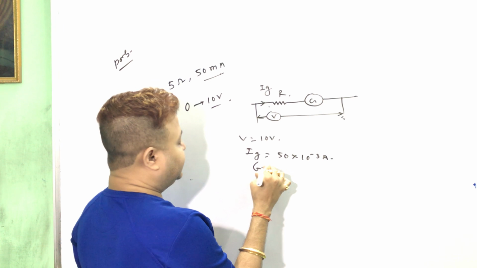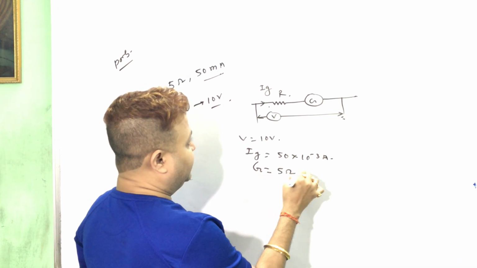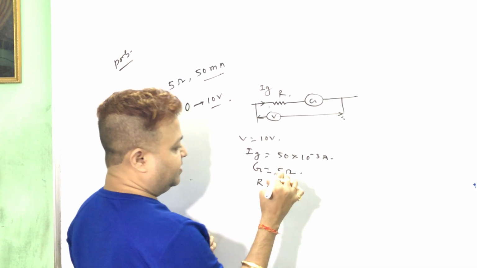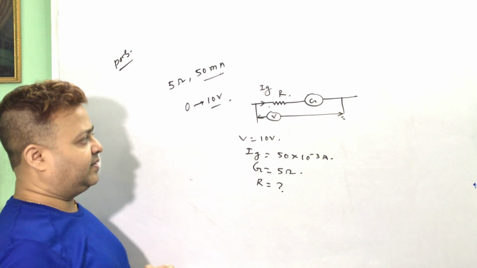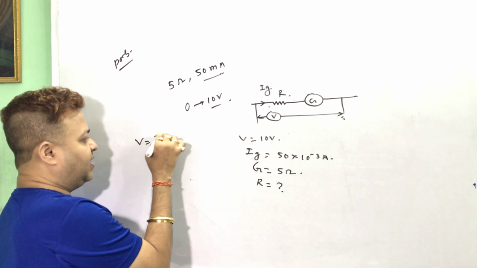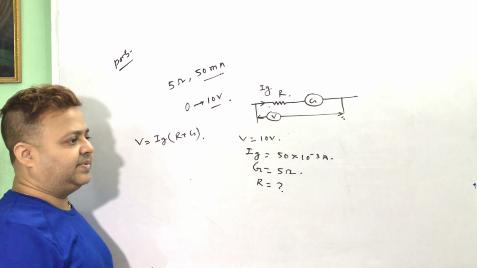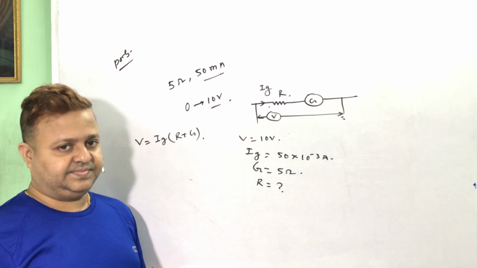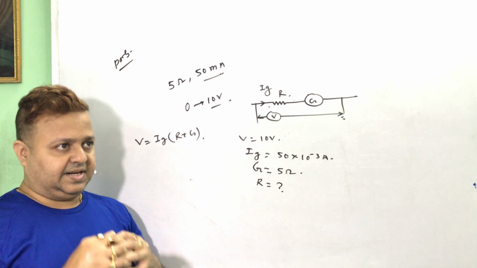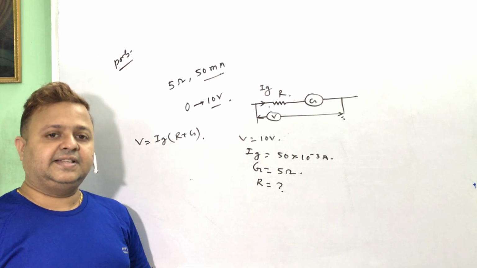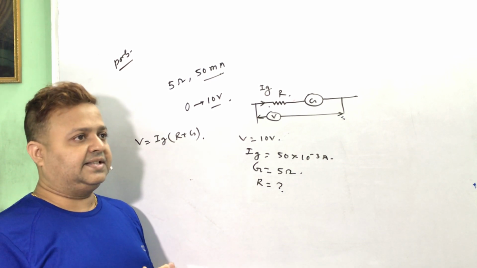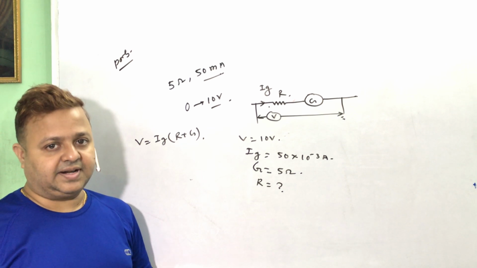The galvanometer resistance is 5 ohm. Then we can find the series resistance according to the formula V equals Ig into R plus G, and this resistance must be very high. In case of shunt resistance, this is generally less than 1, and this is generally greater than 500.